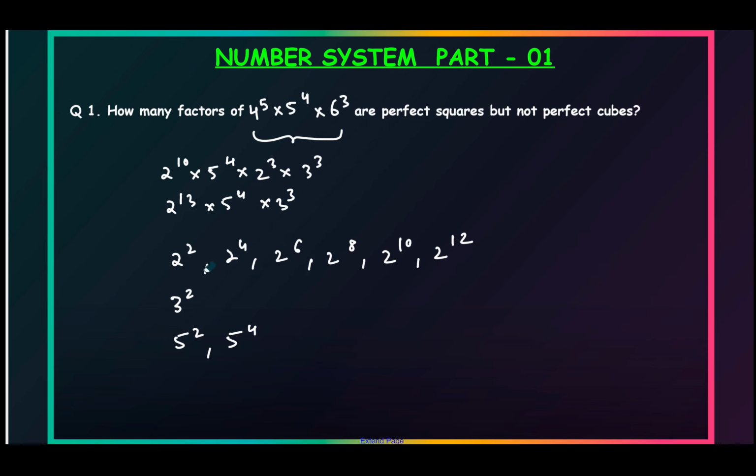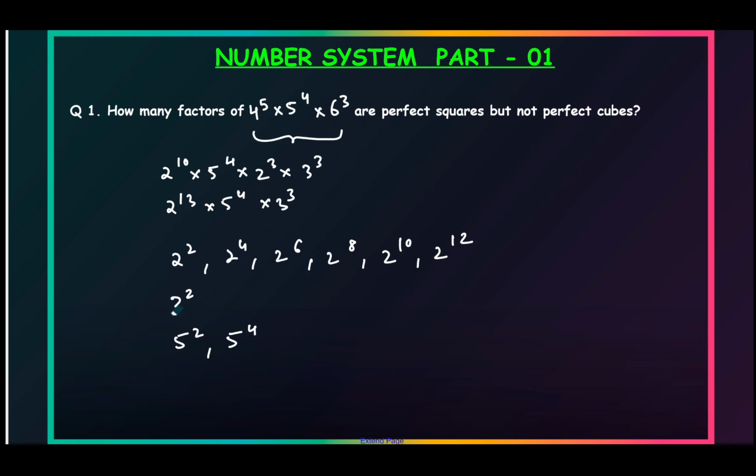Also, you may think that 2 to the power 2 times 2 to the power 6 is also one of the combinations of perfect squares, but we have already considered it when we take 2 to the power 10, because if the bases are the same, we can add the powers. So we don't have to take combinations of similar base numbers.